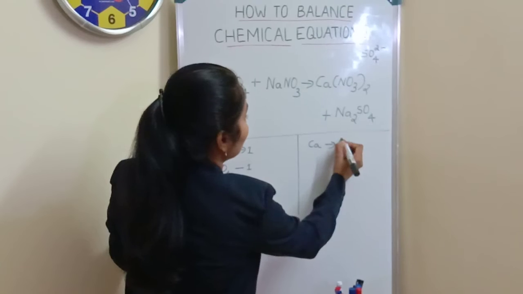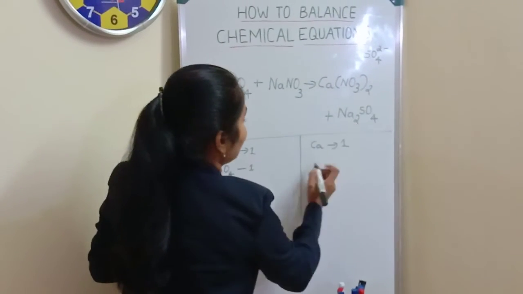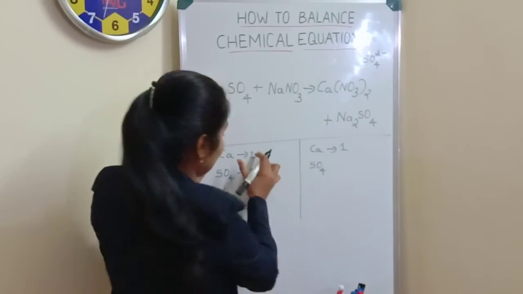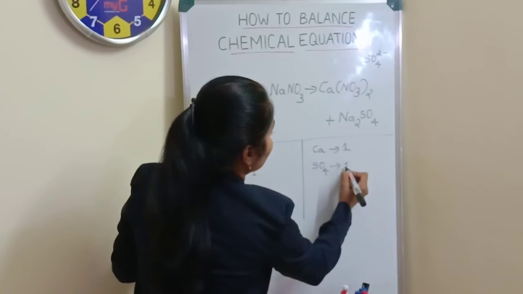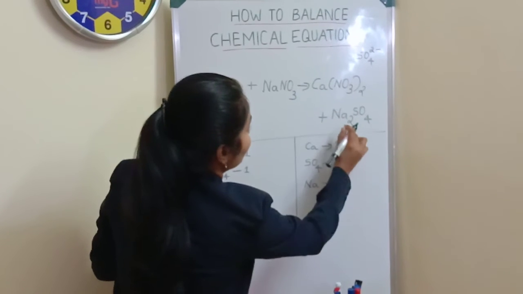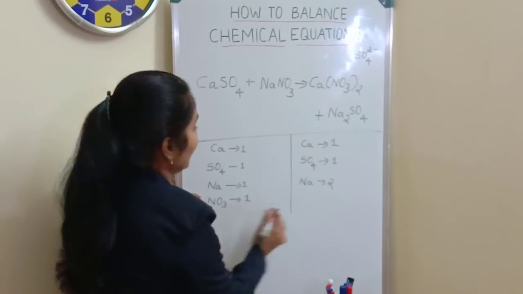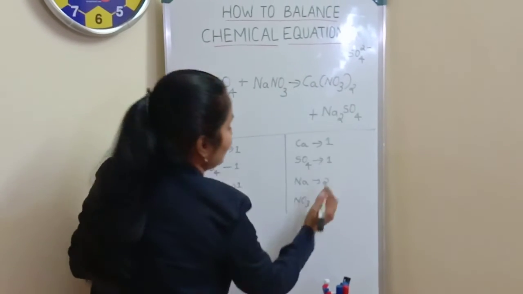Ca we have 1, only 1. NO3 we have 2 here. SO4 we have only 1 there. Na we have 2 here. And then NO3, this is also a single entity, we have 2 here.